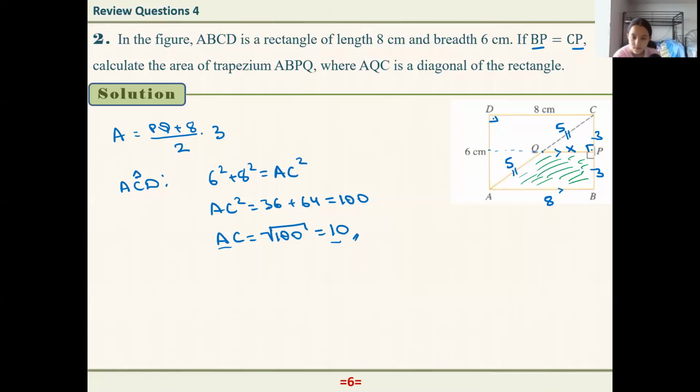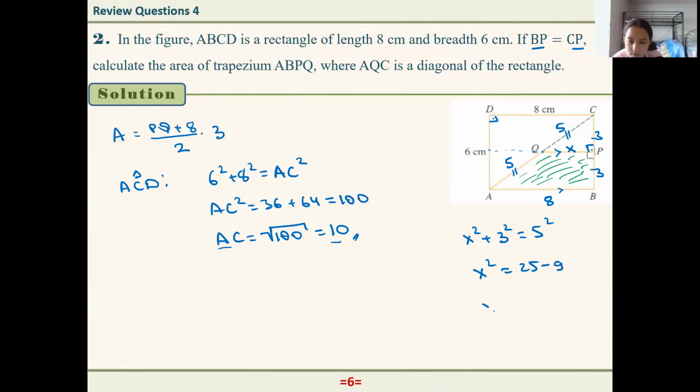Now again, Shahina, look at this. We have another small right angle triangle, right? So again, I will use Pythagorean theorem one more time. Here we have x squared plus 3 squared equals 5 squared. So from here, x squared equals, what is 5 squared? 25. 25 minus, what is 3 squared? 9.